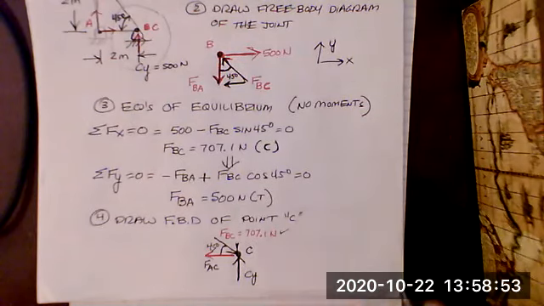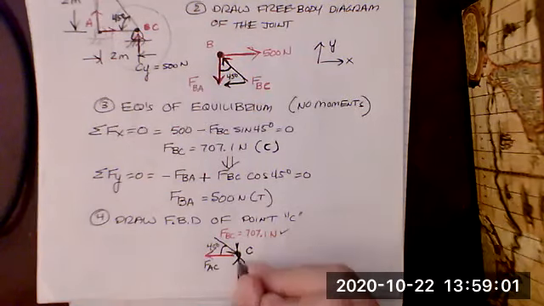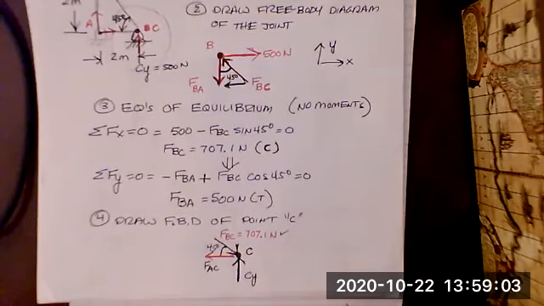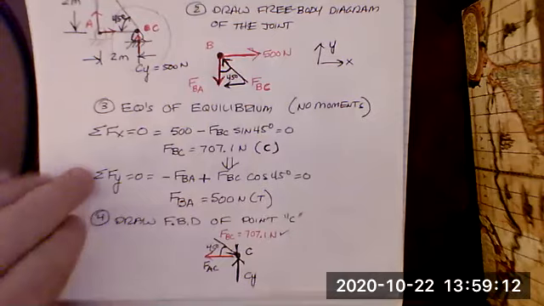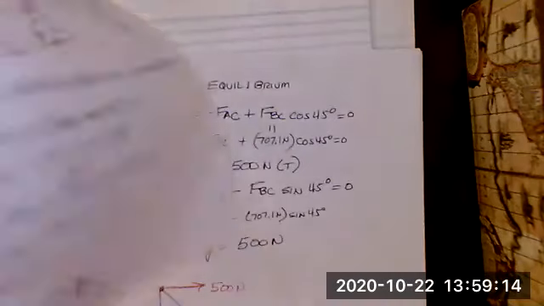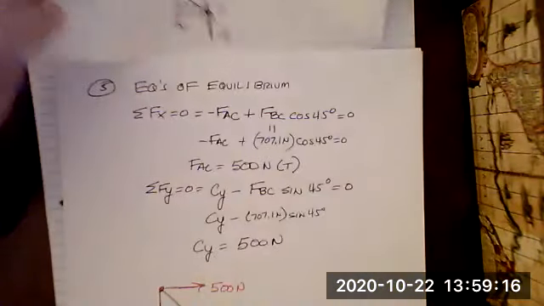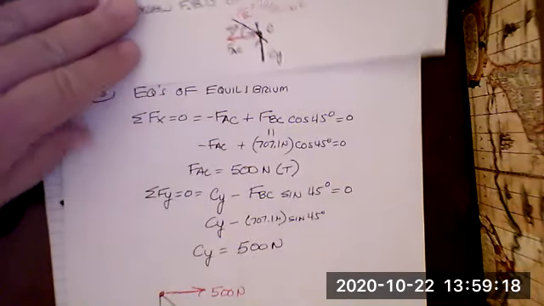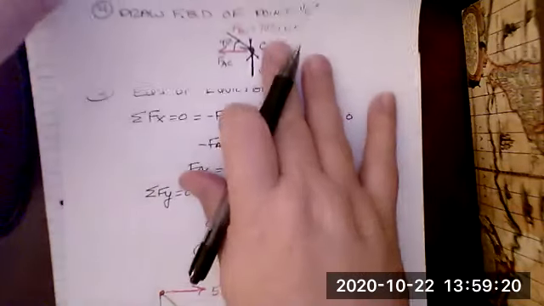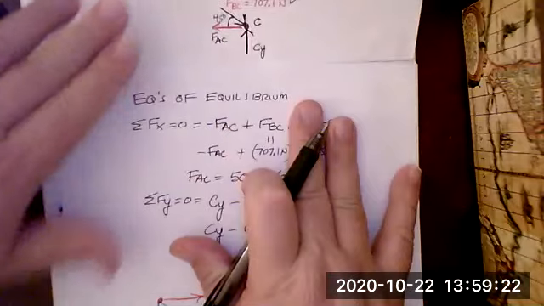So here comes the force of 707.1 newtons compressing joint C. The other one, CY, we know is a reaction force due to the rocker. And I assumed this red one here. And then we sum the forces in our equations of equilibrium.